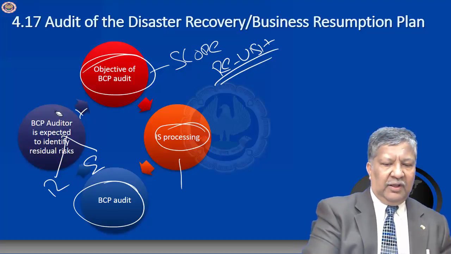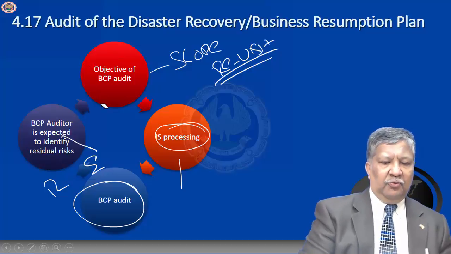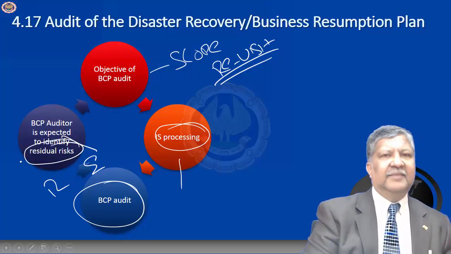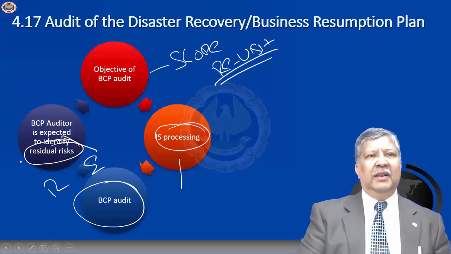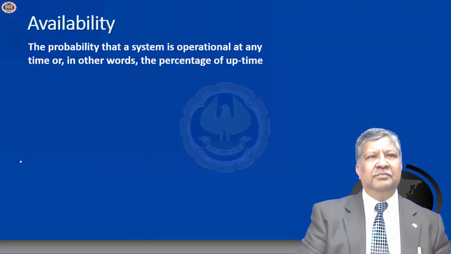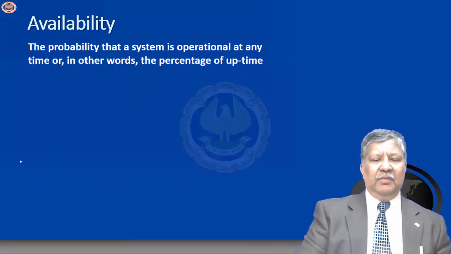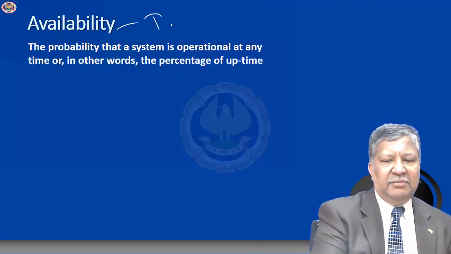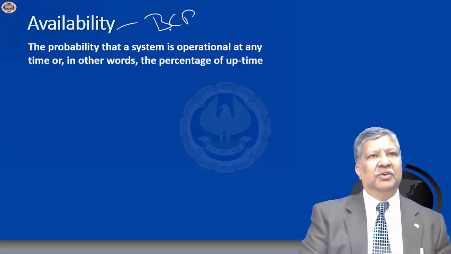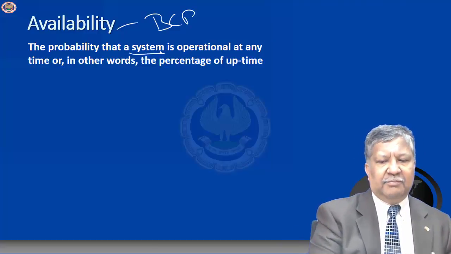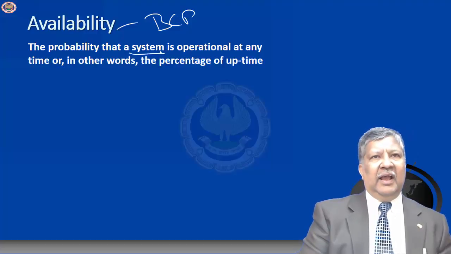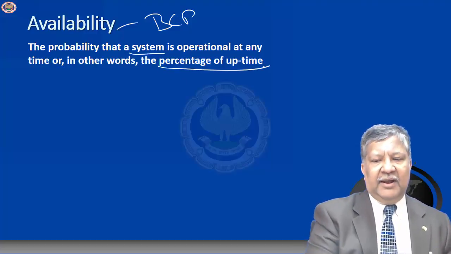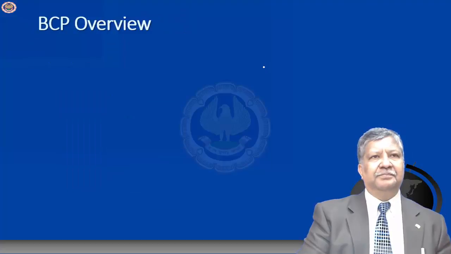You also need to, as a business continuity auditor, verify the residual risks which exist in the organization after the business continuity plan, whether they continue to exist and whether these are knowingly accepted by the management. What is availability? Business continuity plan is fundamentally about the availability of resources. The availability definition is the probability that the system is operational at any time and as and when required, and you also look at the percentage of uptime.